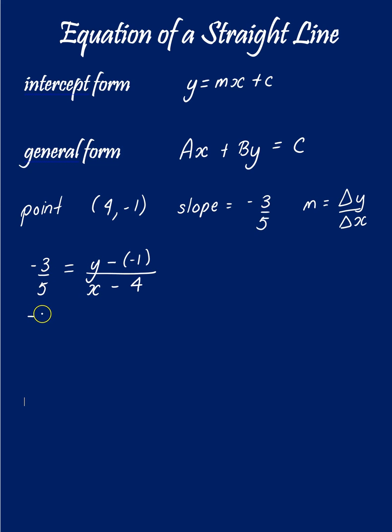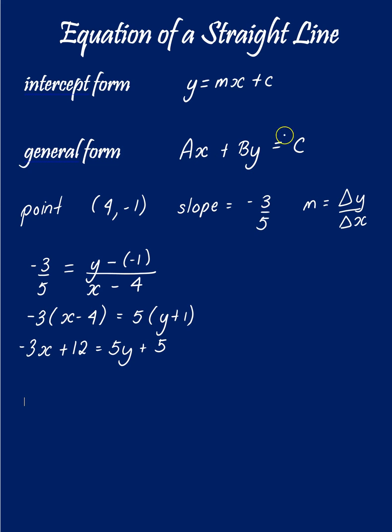So it becomes -3 times all of the denominator, which is (x - 4), and 5 times all of the numerator, which is (y + 1). It's a simple case now of expanding the brackets and getting things on one side. So -3 times x is -3x, plus 12, equals 5y + 5.